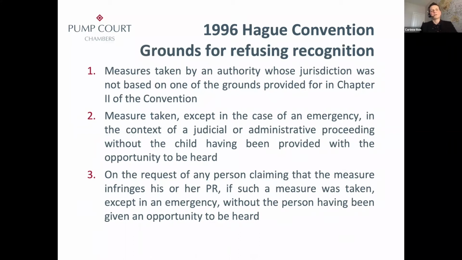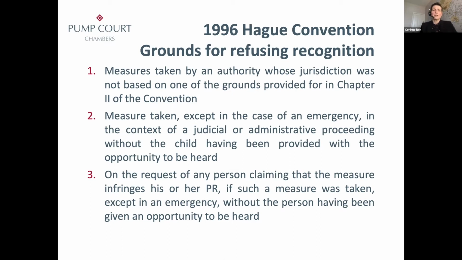The first is under Hague that essentially the authority who took the measures didn't really have jurisdiction to do so. The second is that, except in a case of an emergency, the measures were taken in proceedings where the child didn't have an opportunity to be heard.